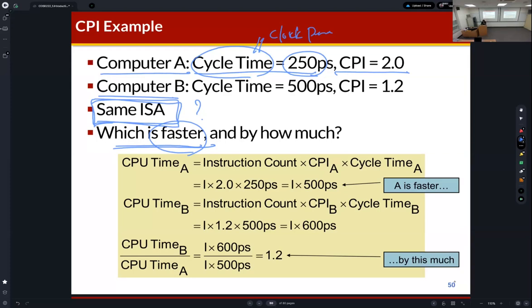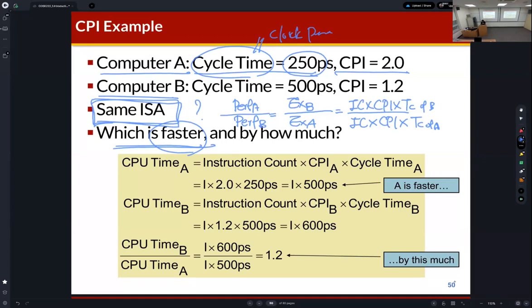It means part A divided by part B, and I explained that this is the execution time of B divided by the execution time of A, right? Then how can we calculate? It's by the equation we learned in the previous slide: instruction count multiplied by CPI multiplied by TC of B, and then instruction count, CPI, TC of A.